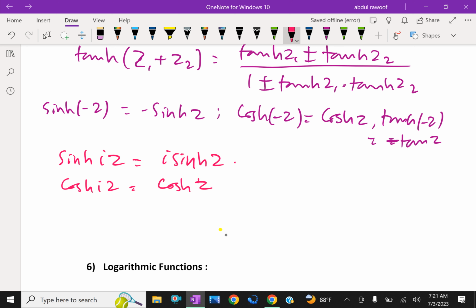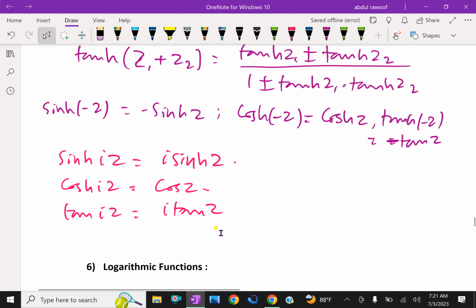Cos h iz equal to cos z. It is not coming i. Remember, this is a normal trigonometric cos z. Tan iz equal i tan hz.